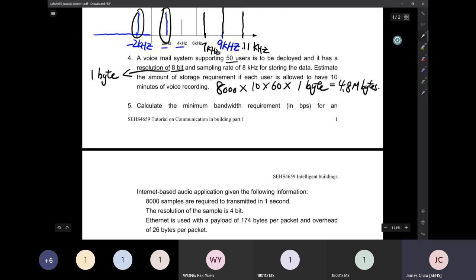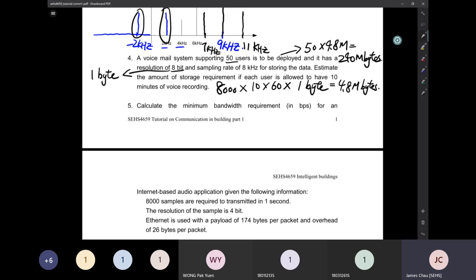Therefore, for 50 users, it gives you the total amount of storage equal to 50 times 4.8 mega, which is equal to 240 megabytes. Okay.